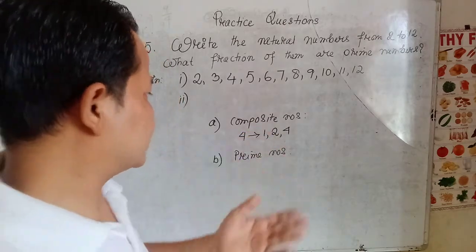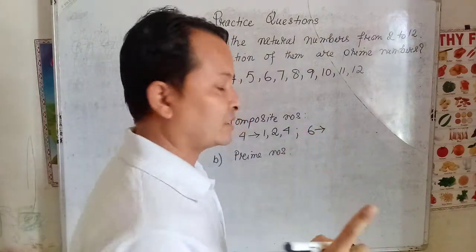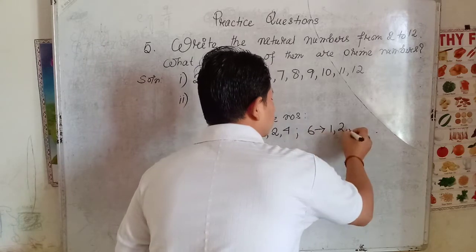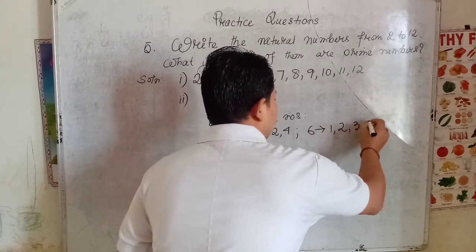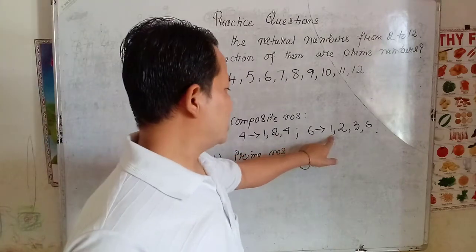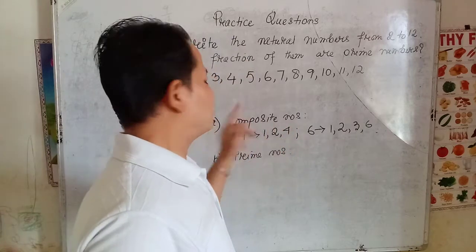Let us take another example, that is 6. 6 has got more than 2 factors. 1 can divide 6, 2 can divide 6, 3 can divide 6, and 6 can divide 6. That means 6 has got 4 factors. That's why 6 is called a composite number.